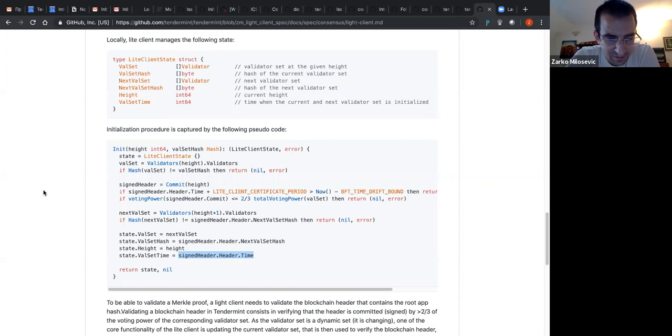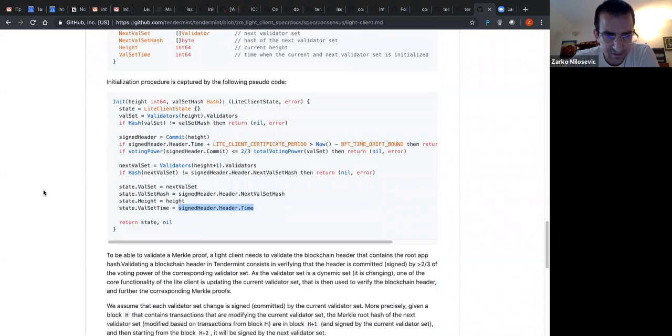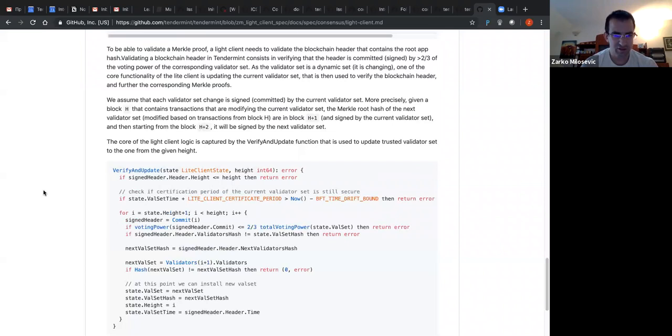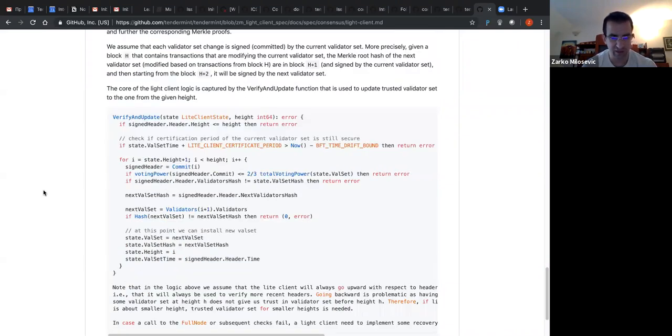But probably this should be fine, because the next validator set hash should correspond to what you get by calling validators for the height +1. Right. This is the only assumption I was making here.